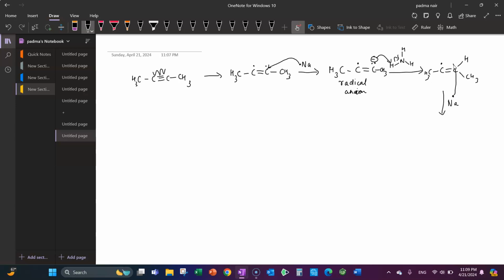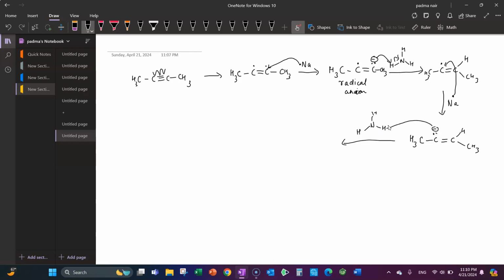provides an electron with this carbon atom, and now we get this carbon with a pair of electrons. So now it becomes an anion, double bond C, and we have a H and a CH3. Correct? Okay. Now here again we have the role of ammonia. Ammonia provides a proton.